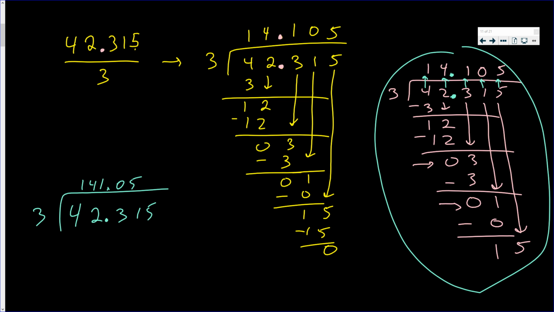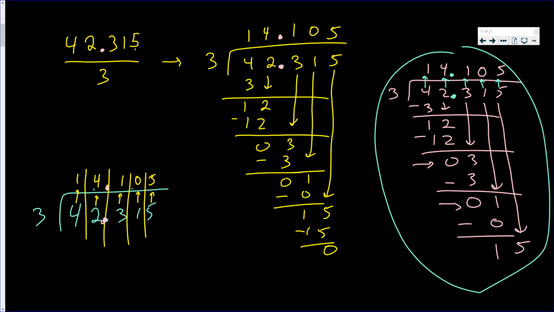You need to put 1 digit above. There's a digit above the 4. It could have gone in 0 times, so there wouldn't have been a digit. And there's a digit above the 2, and there's a digit above the 3, and there's one above the 1, and there's a digit above the 5. You line them up really nicely, you won't have a problem. The decimal's here, so I put the decimal there.